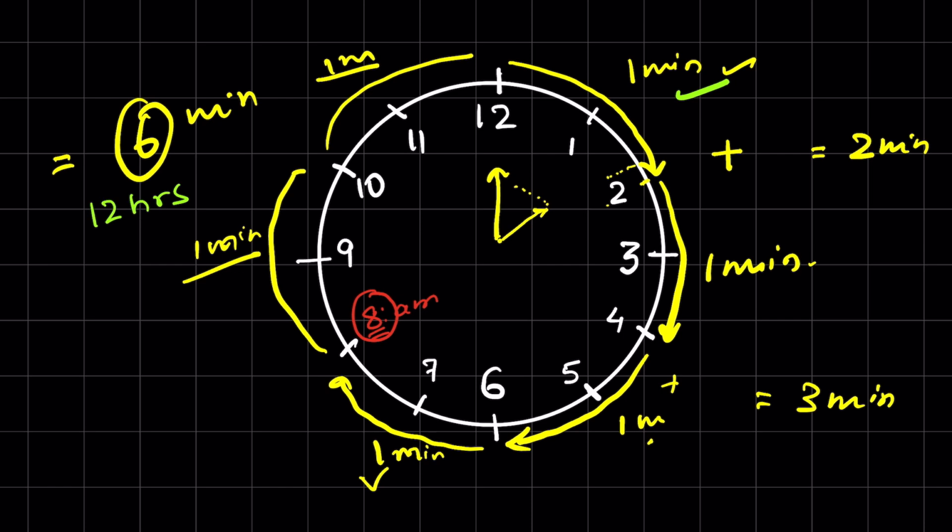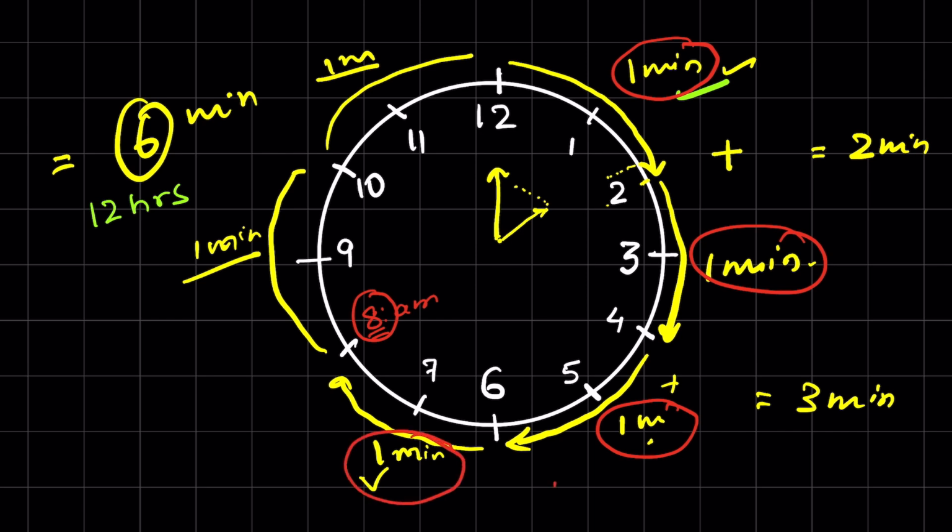If the clock is starting from 12 am, by the time it reaches 8 am, it has already lost 1 minute, plus 1 minute, plus 1 minute, plus 1 minute. So it has lost a total of 4 minutes. So you have to keep in mind that you leave your house 4 minutes early so that you reach your school at exactly 8 am. That is what losing time in your clock means.